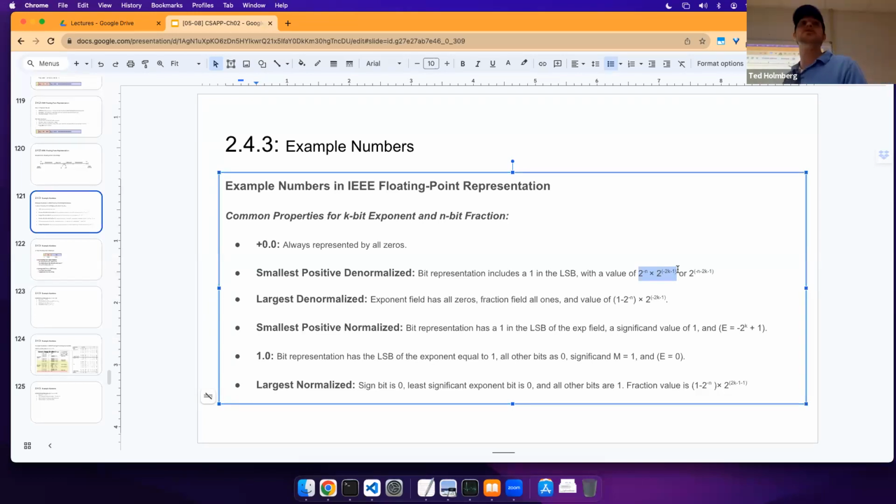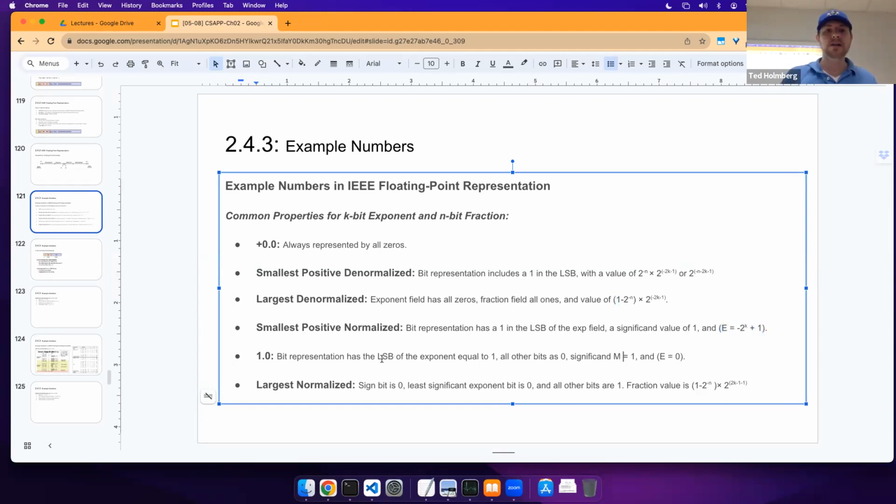I'm just illustrating that our mathematical formula is on the slide. So if you want to use this as a reference point, you can look at the actual hard numbers we're going to look at to see where they came from. My largest denormalized value would come from this formula. My smallest positive normalized value comes from this formula here.